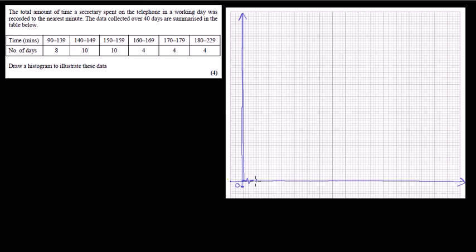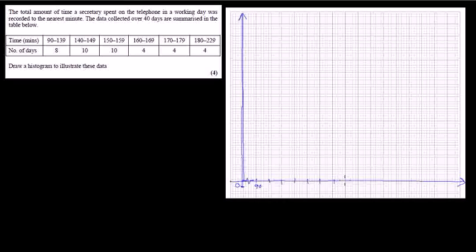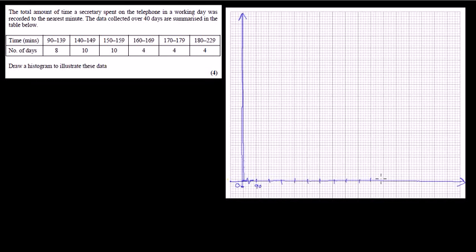So we can just write this as 90, so that when we need 230 we can do 90, 100, 110, 120, 130, 140, 150, 160, 170, 180, 190, 200, 210, 220, 230. So in that way, from 90 to 230 this can be done very easily. So the labeling of the x-axis is going to be time this time. The labeling is always the data, so this is the time in minutes. The y-axis will always be frequency density, FD.